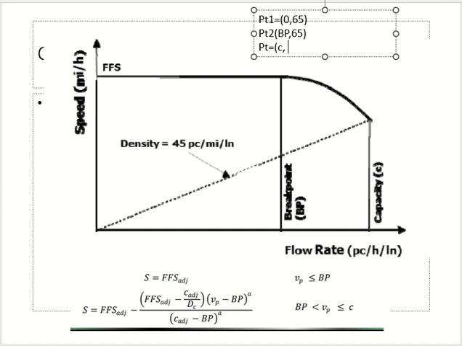Capacity, and S at capacity coming from the equation. Put VP equals capacity here, and whatever the value of S you get, that will be the y coordinate.